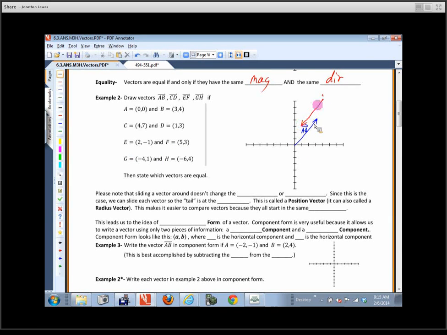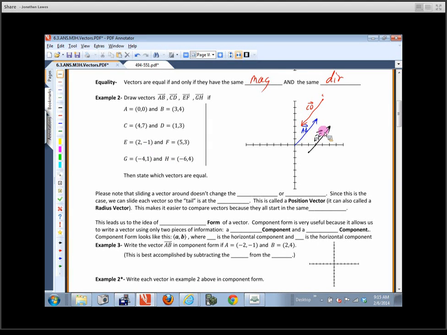Put an arrow on that, and that's CD. Let's see, the next one is 2, negative 1, and we're going to go to 5, 3. That one right there, and that's vector EF.